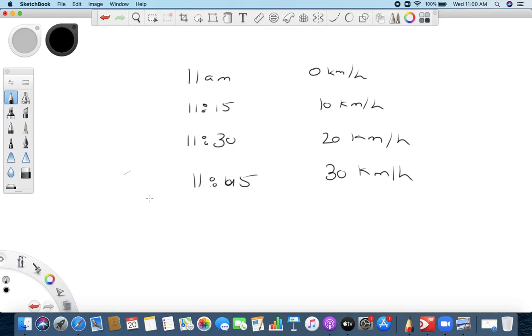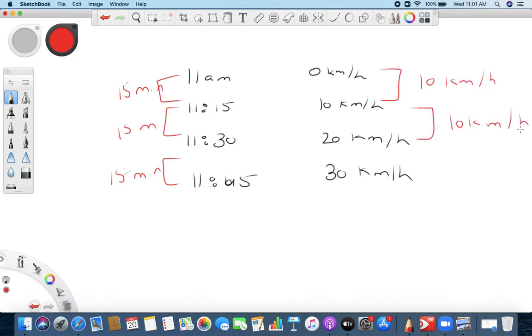If you see properly, in every 15 minutes, your speed is increasing by 10 kilometer per hour.